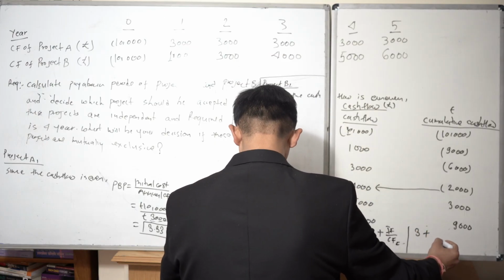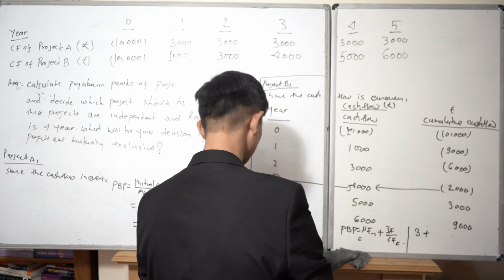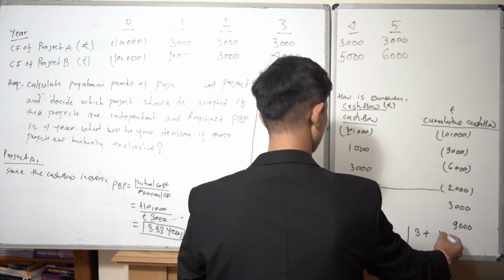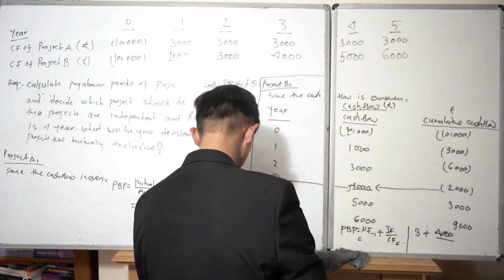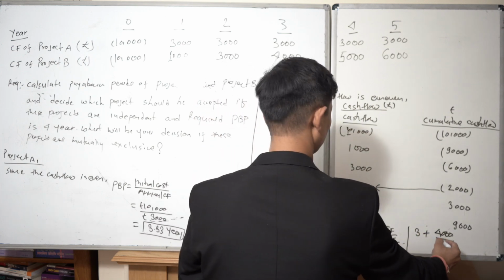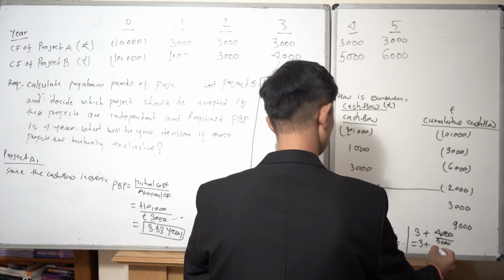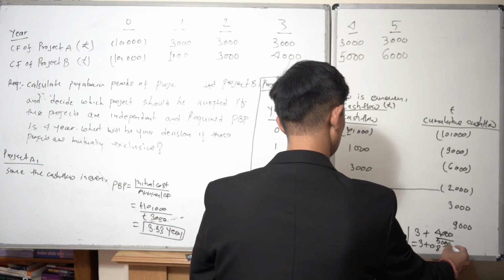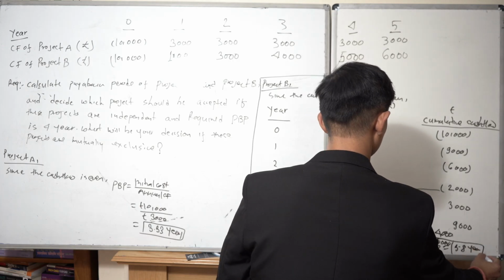IF is the uncovered cost at the start of the full recovery year, which is 4,000. Then CF is the cash flow during the recovery year, which is 5,000. Let's divide 4,000 by 5,000. We get 0.8. That means 3.8 years is the payback period.